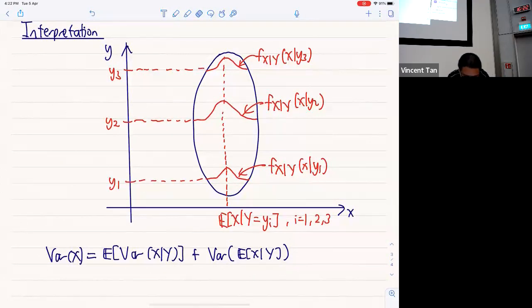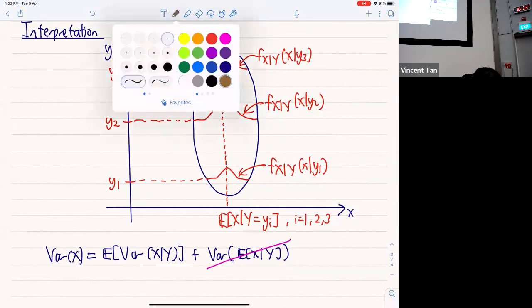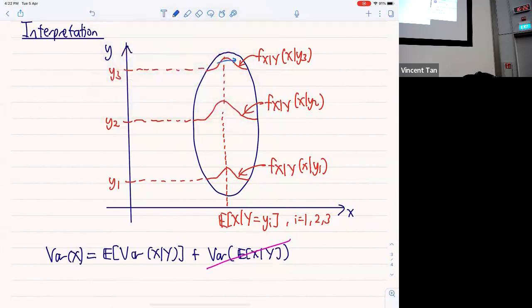All the conditional expectations of X given Y equals Y, be it 1, 2, 3, or anywhere in between, seem to line up. So this term seems to be 0. The only variation that comes about when we determine the value of X is coming from the individual variations of the densities.